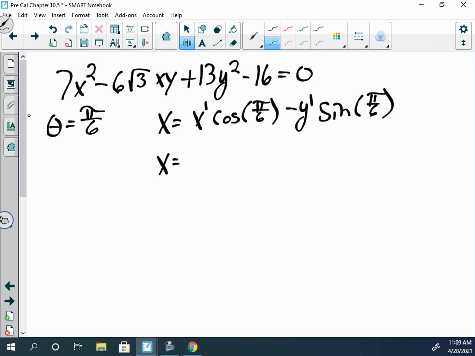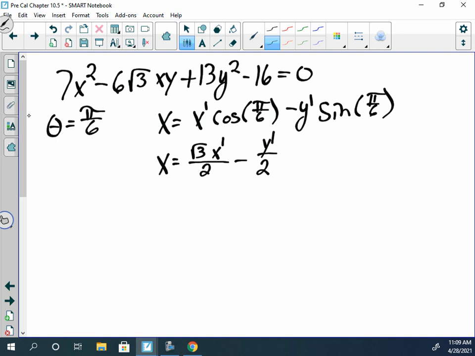If we type cosine of pi over 6 into the calculator, we get square root 3 over 2, and sine is 1/2, which means we have y prime over 2.